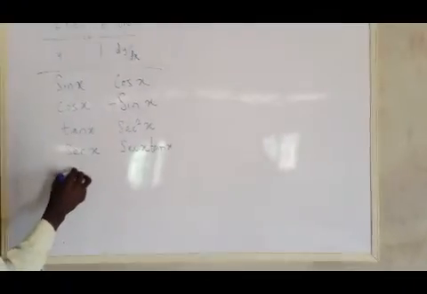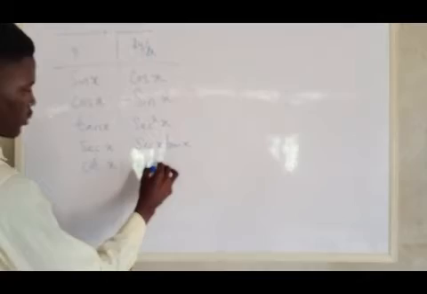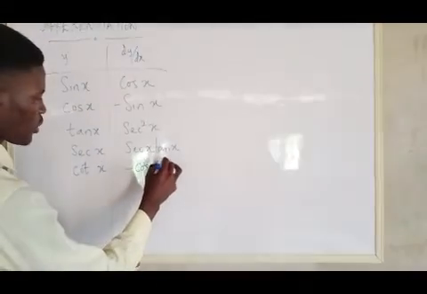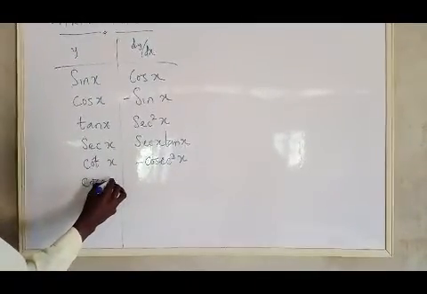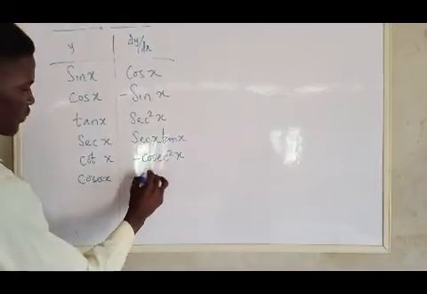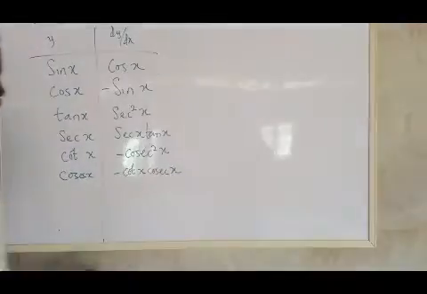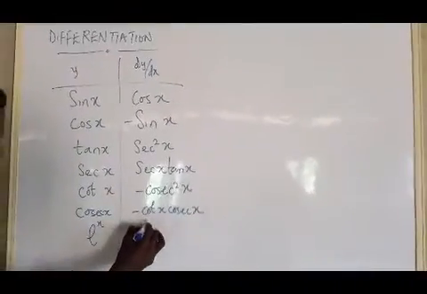If you differentiate cot x, it will give you minus cosec squared x. If you differentiate cosec x, it will give you minus cot x cosec x. You get that? If you differentiate exponential x, it will give you what? Exponential x.